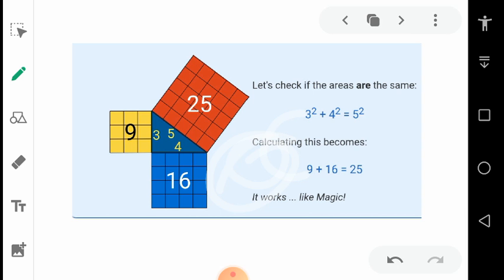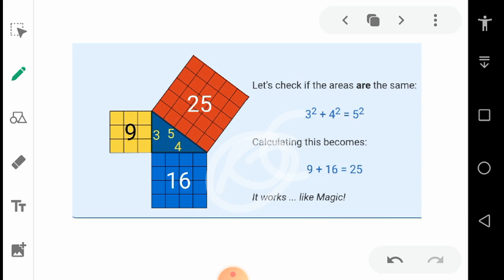Now see the picture. Here a triangle and few squares are drawn with different colors. Now we check the areas of these squares as they are drawn on the sides of a triangle. It is a right angle triangle. The sides are 3, 4 and 5. A yellow colored square is constructed over the side that is 3 units.